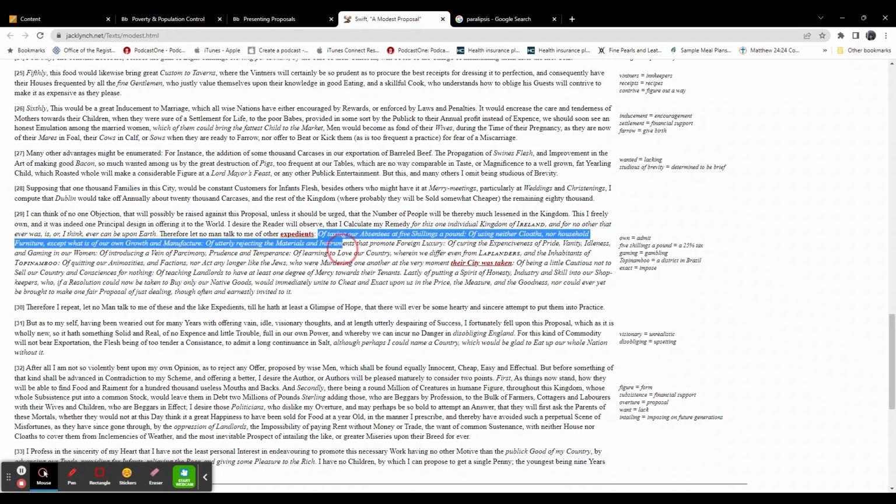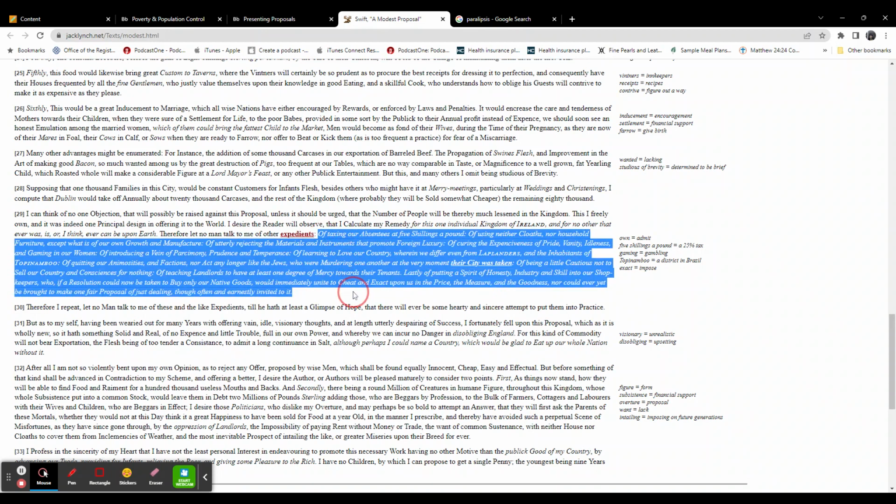So this is what you call parallipsis, and it's essentially saying I'm not saying that you need to change your clothes because that dress doesn't look good on you, but I'm really saying that you need to change your clothes because that dress does not look good on you. That's what that really means.